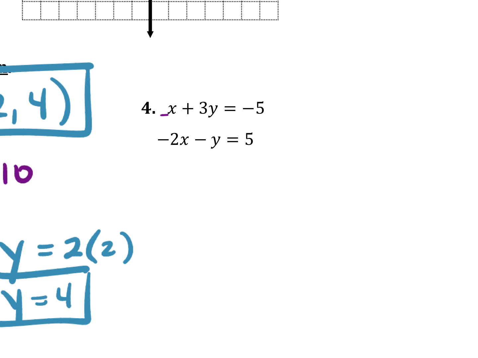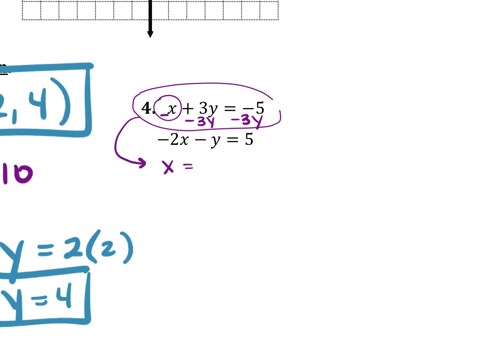So to get this x by itself, we're going to take away a 3y. So I'm going to rewrite this equation right here as x equals -3y minus 5. Or you could write it as -5 minus 3y.